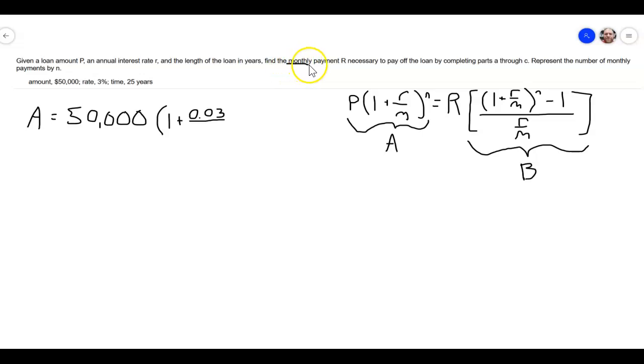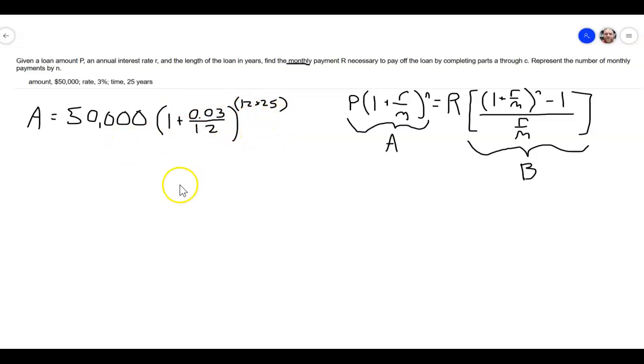So that's right here, monthly. So over 12, raised to the total number of payments. So it's 12 times 25, whatever that's going to end up being. I think that's going to end up being 300.